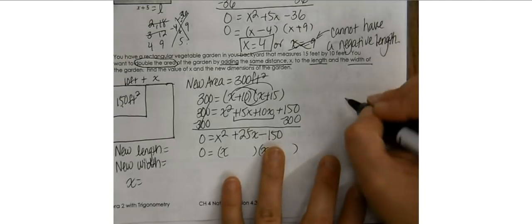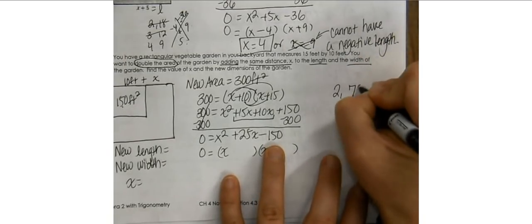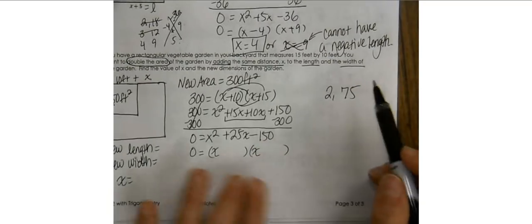So I'm going to look at the numbers that I know. I'm allowed to use a scientific calculator, so you might want to have one out and start by dividing. 150 divided by 2 is equal to 75. Does 2 and 75 give us 25?